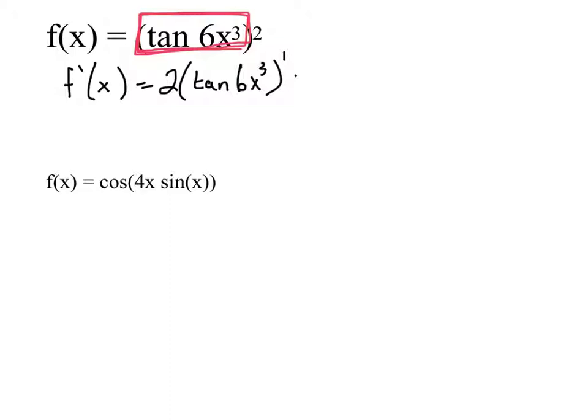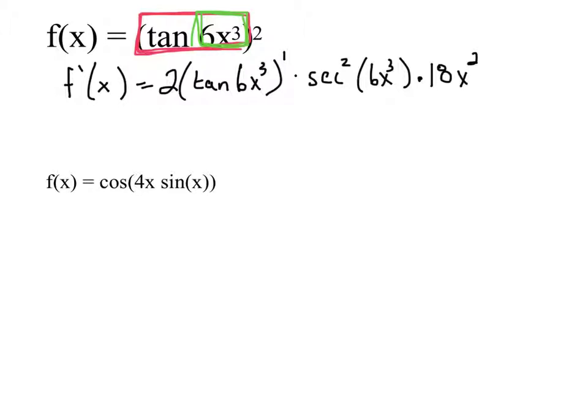Well, the interesting thing is, of course, we've got another inside function. 6x cubed has been put into tangent. So we have to use chain rule again. So the derivative of the inside, well, the derivative of tangent is secant squared. We're going to leave that 6x cubed exactly the same, and then multiply by the derivative of that, which is 18x squared.